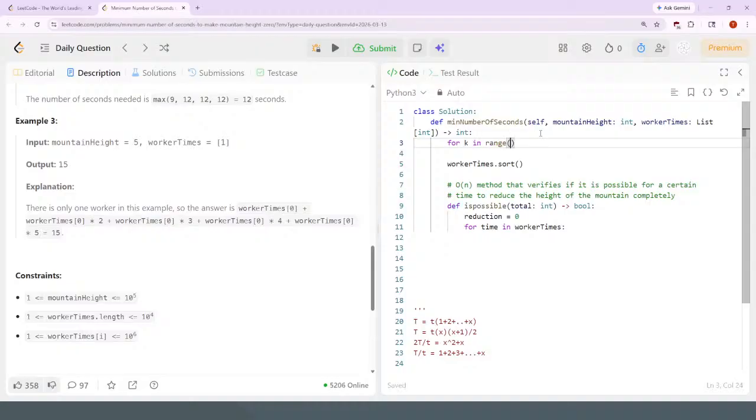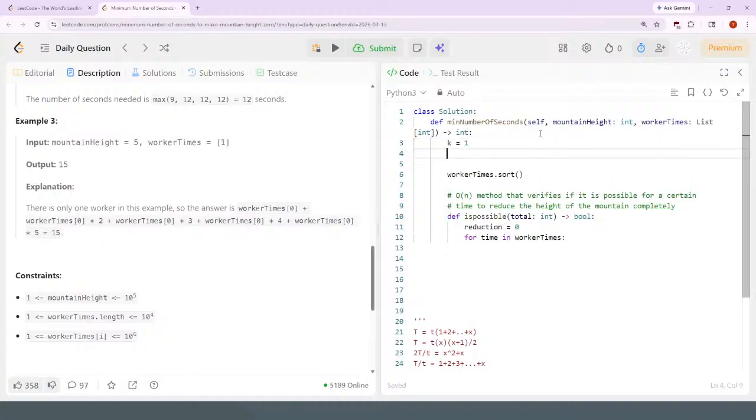K in range, say, 10 to the 5th. K in range, what? Actually, I can do a while loop here.